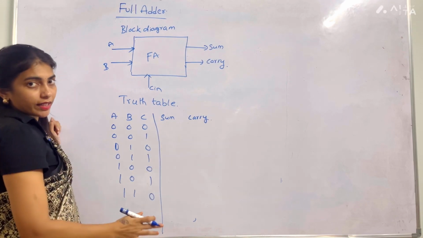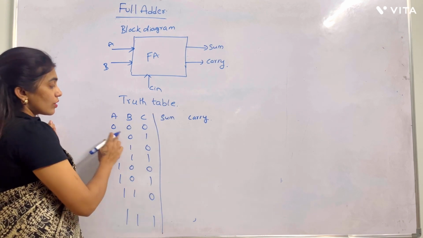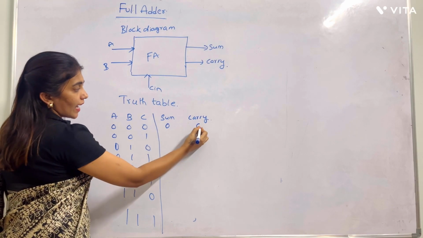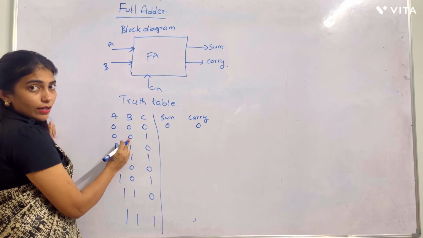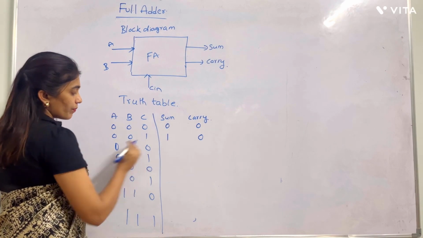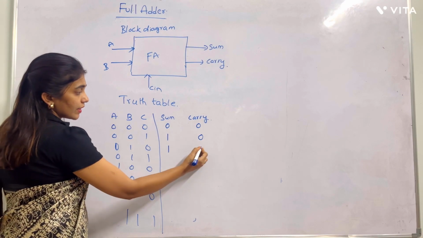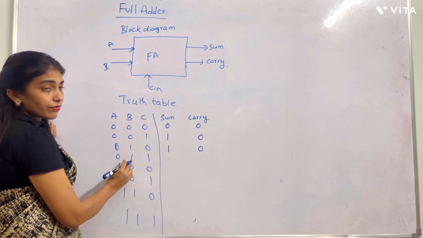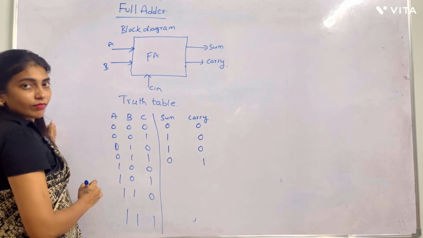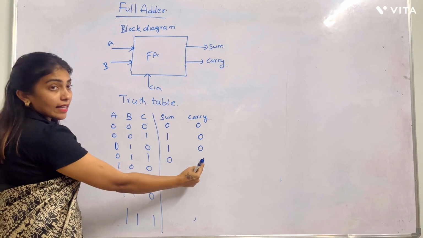We already know how to do binary addition, so according to that we fill the truth table. 0 plus 0 plus 0 is 0, so sum 0, carry 0. 0 plus 0 plus 1 is 1, so sum 1, carry 0. 0 plus 1 plus 0 is 1, sum 1, carry 0. 0 plus 1 plus 1 is 0, carry 1. If you have two ones, then the sum is 0 and the carry is 1.